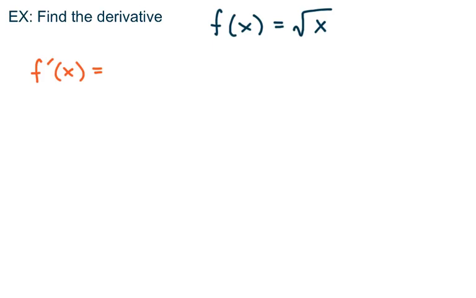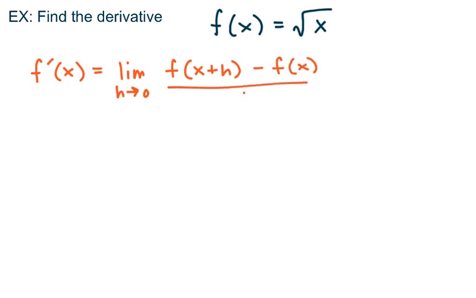F prime of x means the derivative of that function f. What that's going to be is the limit as h approaches 0 of f of x plus h minus f of x, all divided by h.